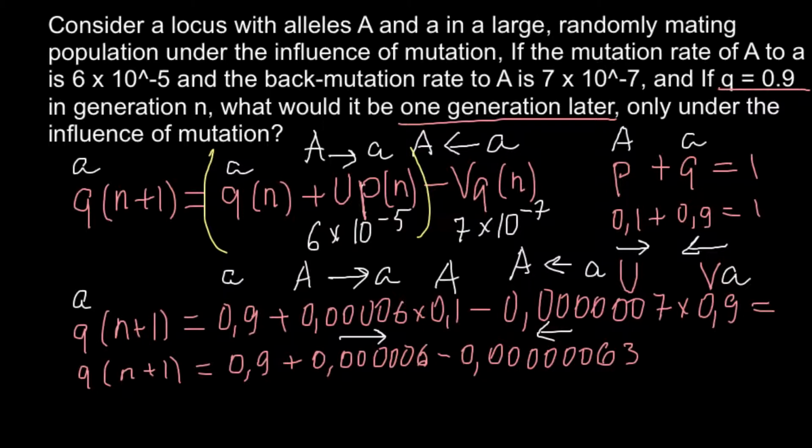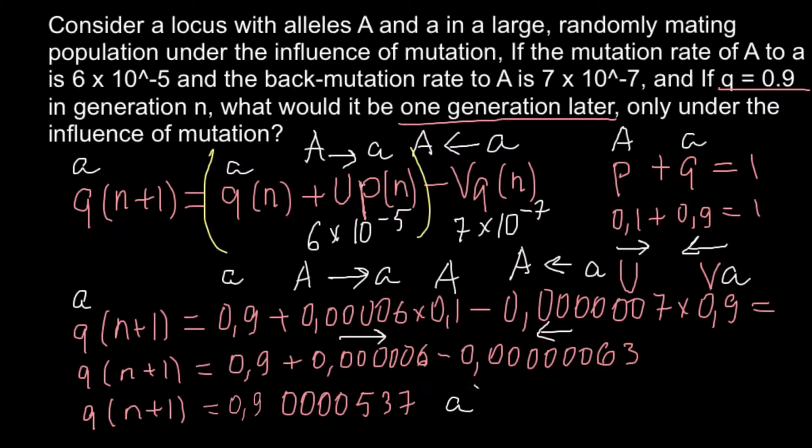So our final answer would be Q in the next generation, and Q stands for the recessive allele A, would equal 0.900000537, and this is going to be the difference between this number and this number, plus the current frequency of the recessive allele A. So this is going to be the frequency of the recessive allele A in the next generation.